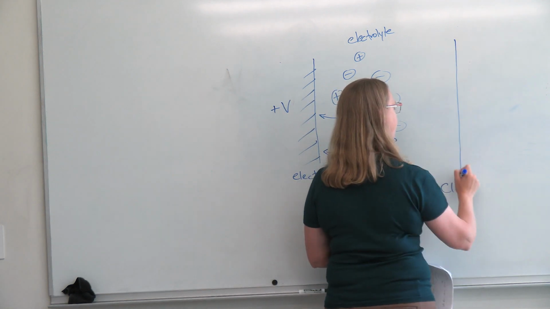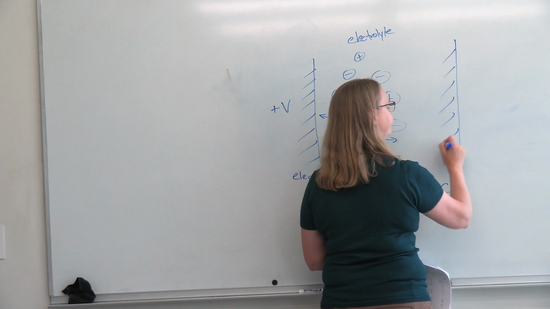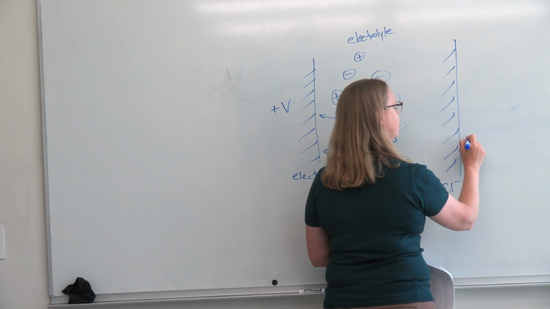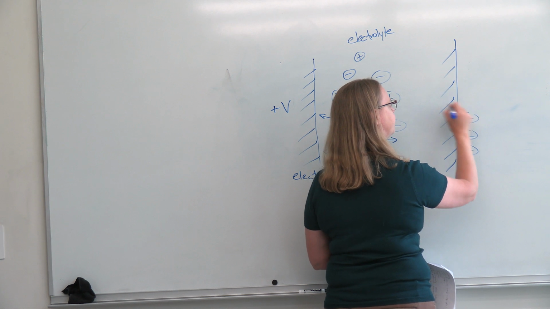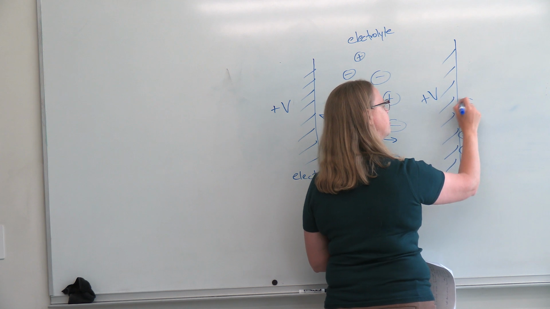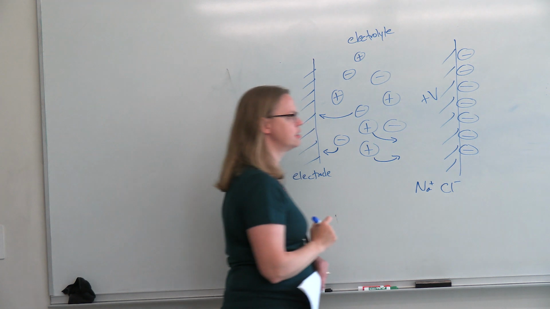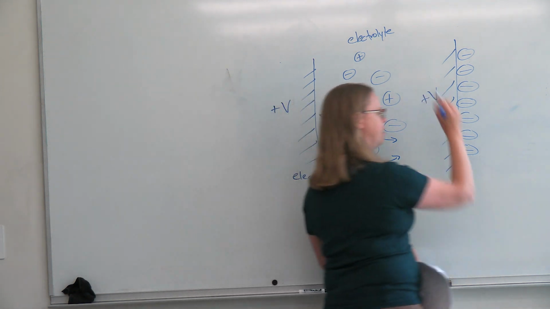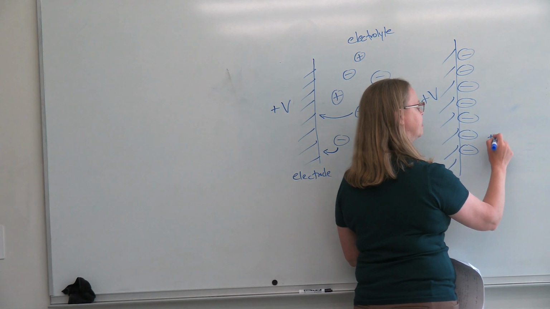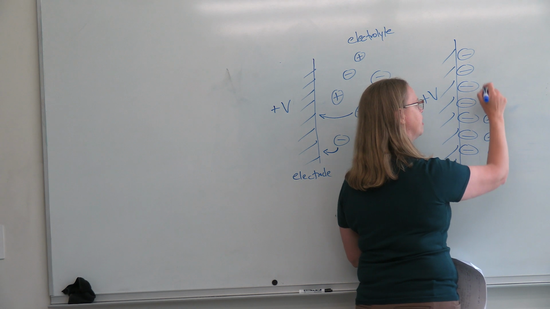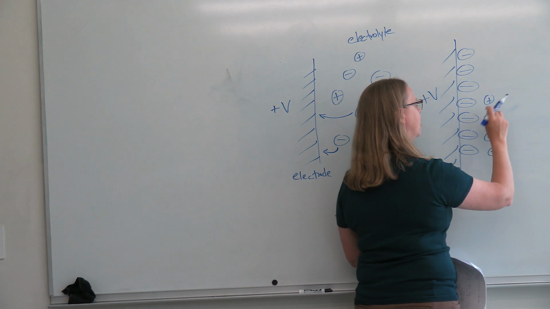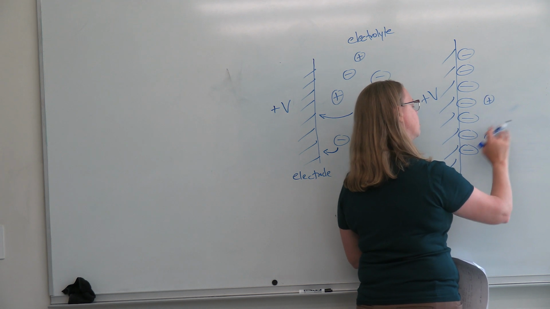So what we're going to end up with, if I apply a positive voltage, is a layer of ions on the surface. Then once we get a layer of ions, they attract their own sort of layer of ions. There won't be as many of these, though.